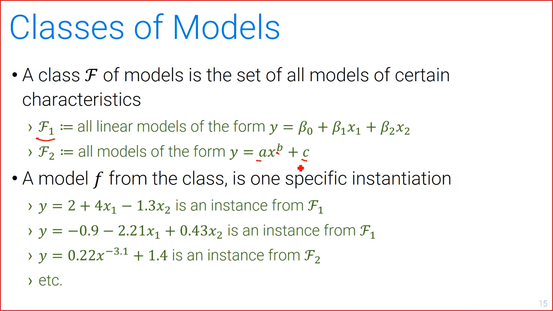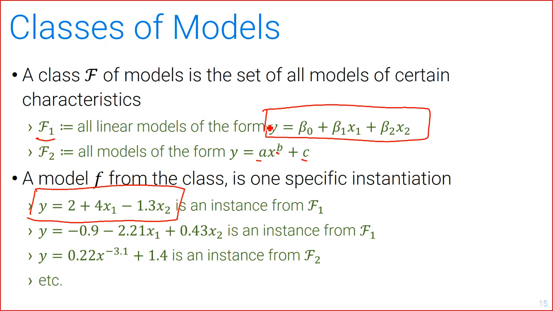Now we have some data, and a model from the class is one specific instantiation from the class. So for example, from F1, we might be interested in this one specific model. You see, it has the same form as this.